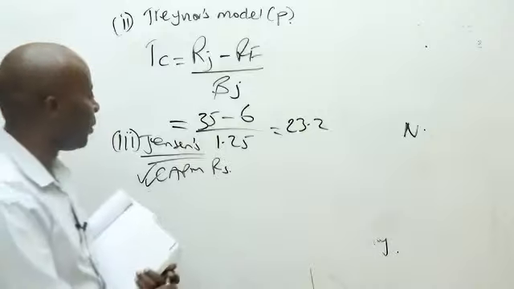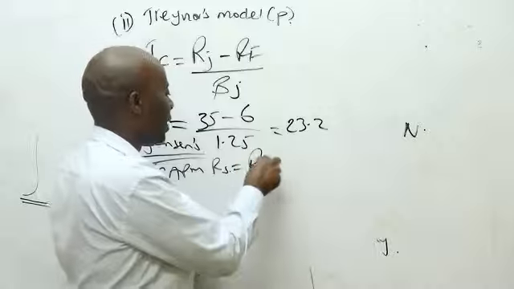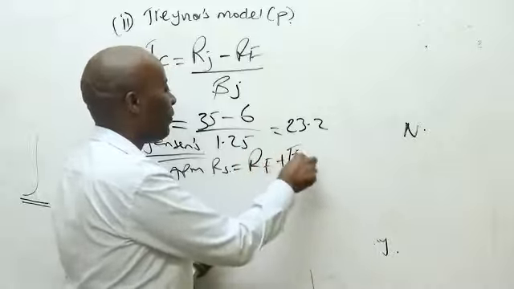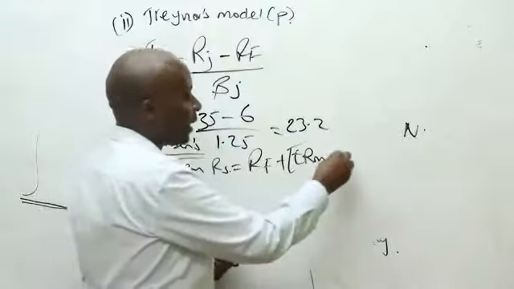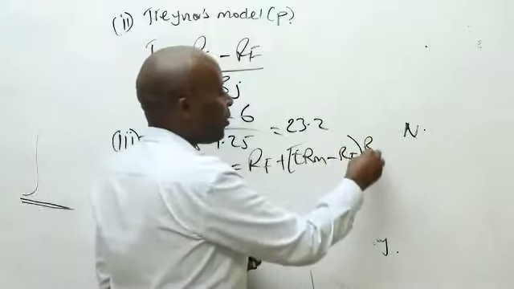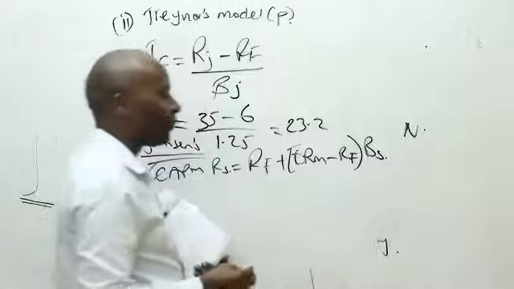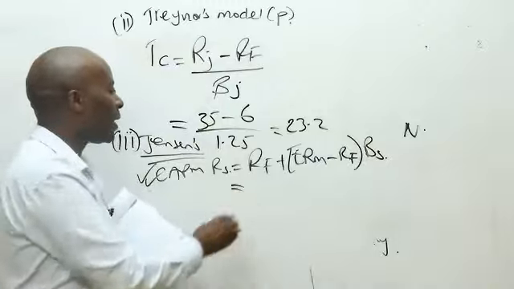I know the formula. We have risk-free plus the expected returns of the market factor. Remember here it's market factor minus risk-free, and then outside here we have beta of the security.